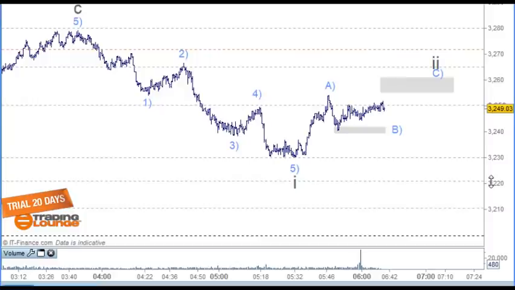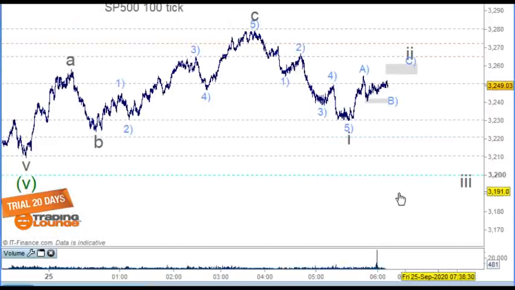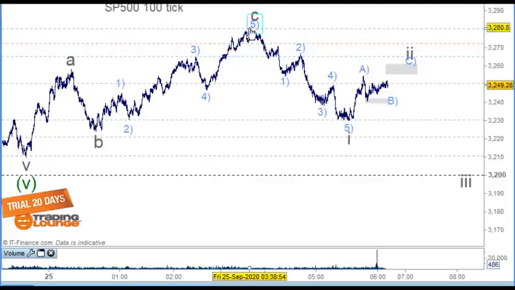So I'm thinking that this market will have an A and a B and then a C wave up to here and then come down from that point. That's what I'm concerned about here, because from the low, it doesn't give me a nice 5 wave structure here.